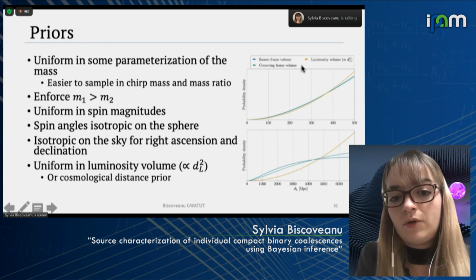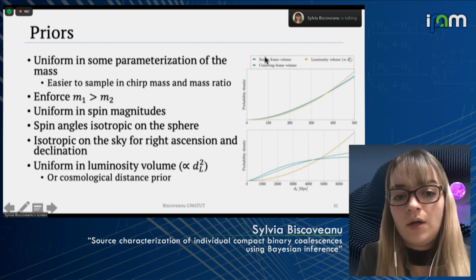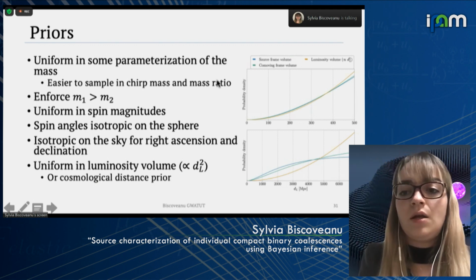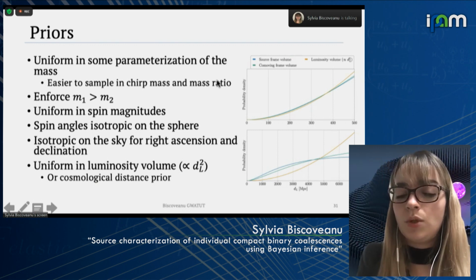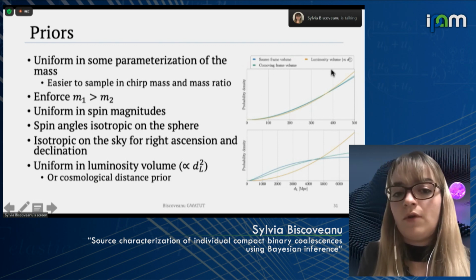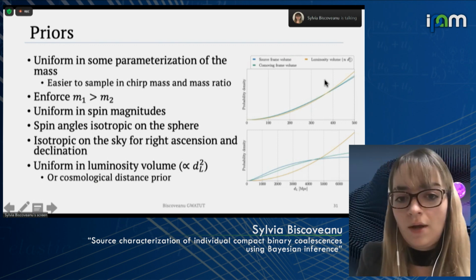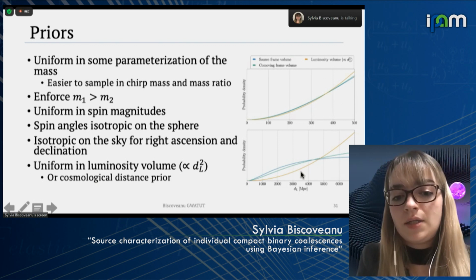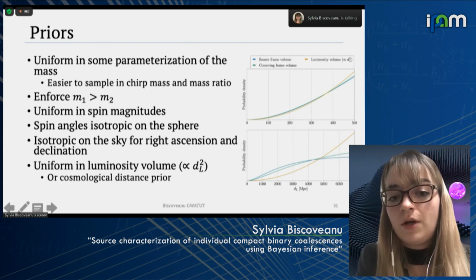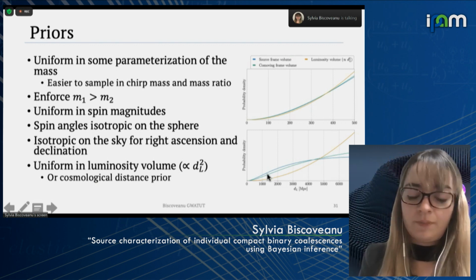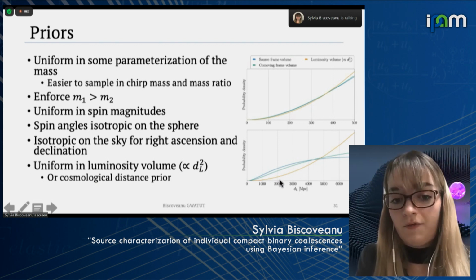So here are three different priors. In orange is this uniform in luminosity volume prior. In blue is a prior that is uniform in co-moving volume and source frame time. And then in green is a prior that's just uniform in co-moving volume. And so again, at low distances, they're pretty similar, but as you go out to high distances, pushing the reach of the current generation of gravitational wave detectors, here we're at 7 gigaparsecs, they do begin to differ substantially.